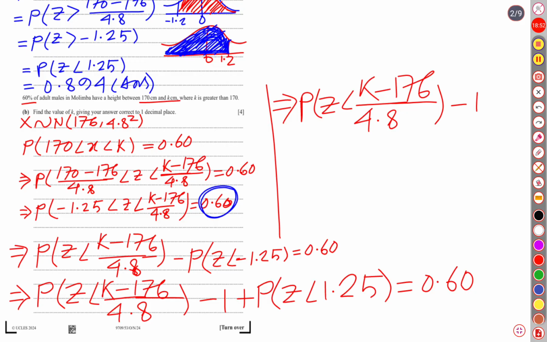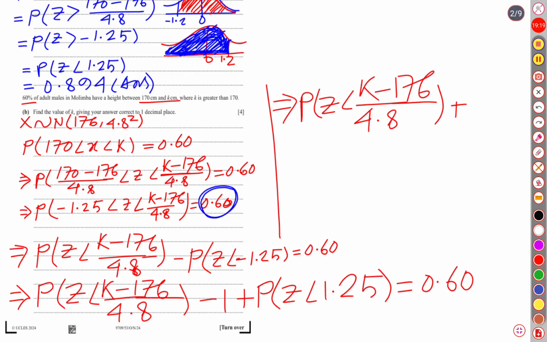Plus 1 can be transposed to the other side, I think. If we transpose 1 to the other side, it is going to be plus 1.6. Then plus probability when our z-score is 1.25. Already we have found the probability when z-score is 1.25.